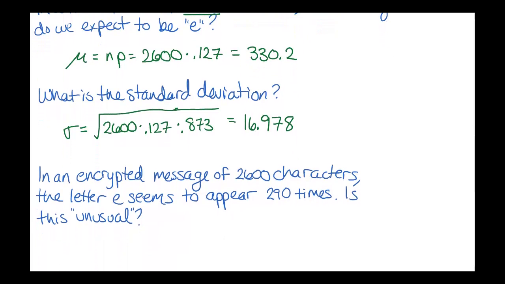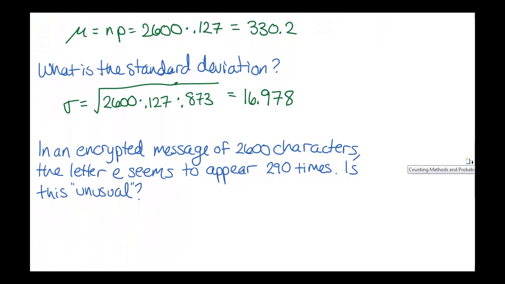One thing that we can look at when we have the mean and the standard deviation is usual values. Remember that when we were talking about standard deviation, we said that if you look at the mean and then add or subtract 2 standard deviations, so 2 standard deviations on either side of the mean, these were the usual values. And anything above or below these would be considered unusual.